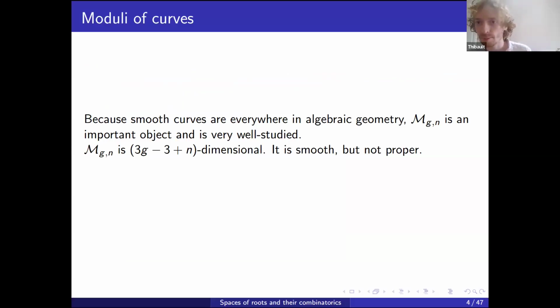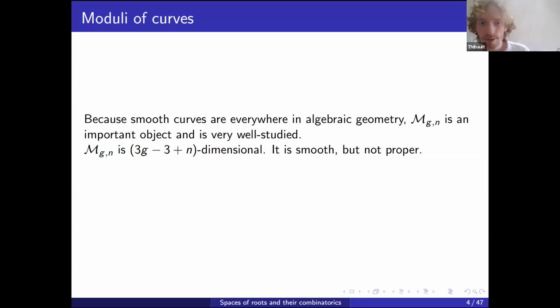It's easy to see, for example, that there is a term plus n because each time you add one distinguished point, you're choosing one more point on a curve, which is one-dimensional. So you increase the dimension by 1. The 3g minus 3 is less obvious, but also not too hard.